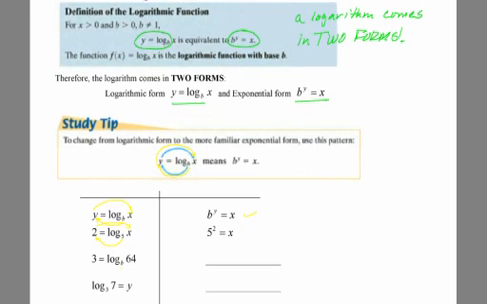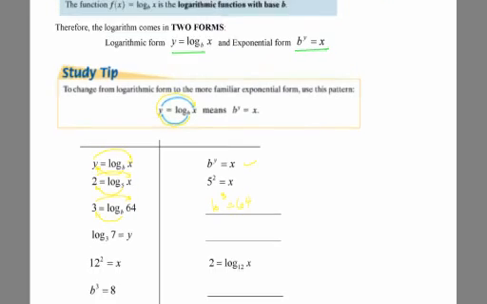Let's bring this one full circle. b to the third equals 64. And even though this one's written backwards, we can still think of it as this y being on this side, y equal. And we can bring it full circle. 3 to the y equal 7.